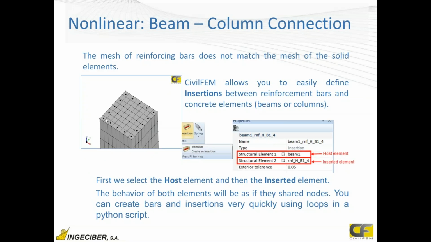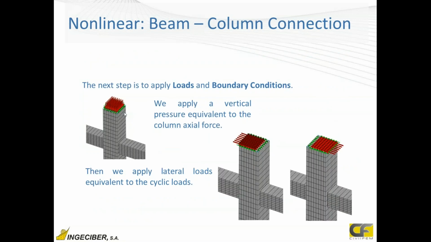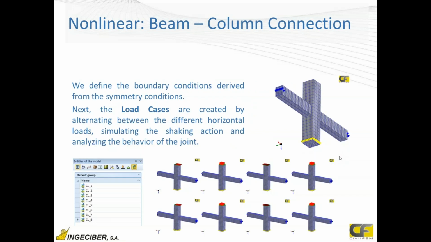Okay, the elements will be inserted, and the next step is how to apply the lateral loads equivalent to the cycling loads. We will apply one load following one direction, and in the next step another direction.